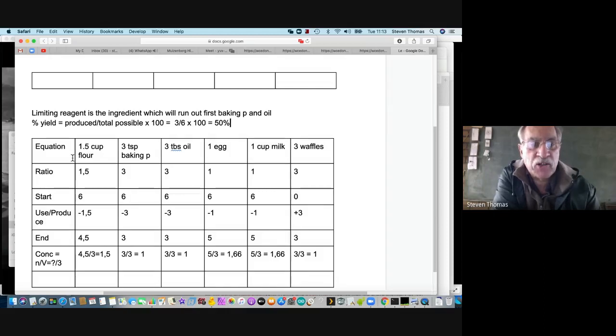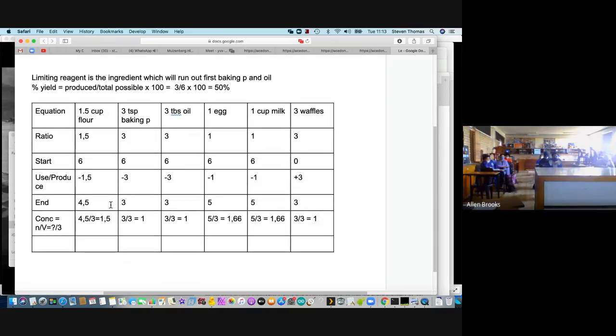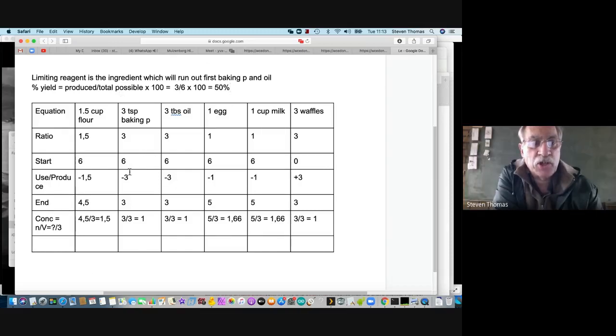Does everybody understand that? Yes, sir. Can you explain it one more time? Okay. So the first thing you've got to do is look at your limiting reagent. That's why I wrote it there. And so we only have to look at what we've got the least of. The least we've got is our baking powder and oil. Luckily, they both equal amounts of the least.